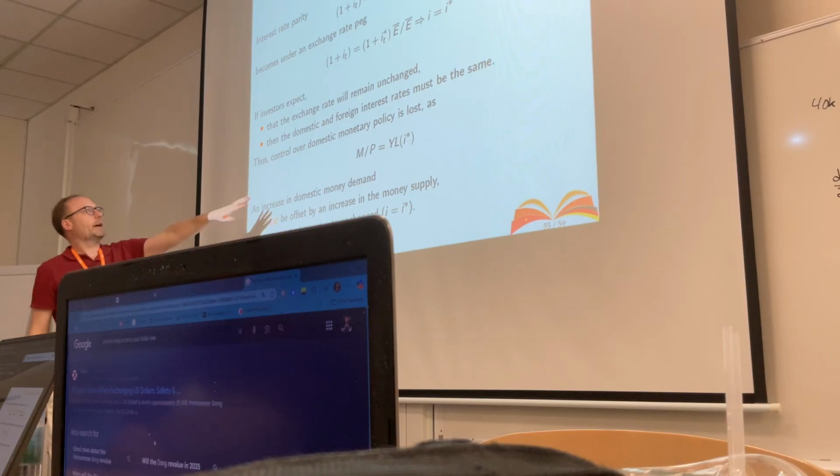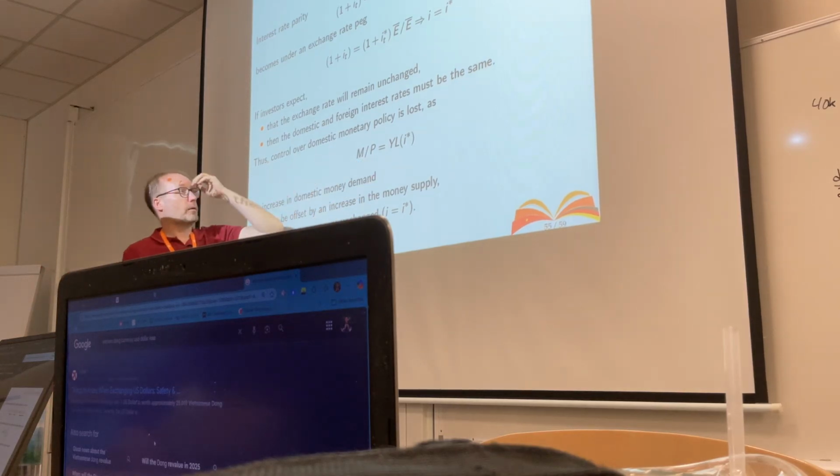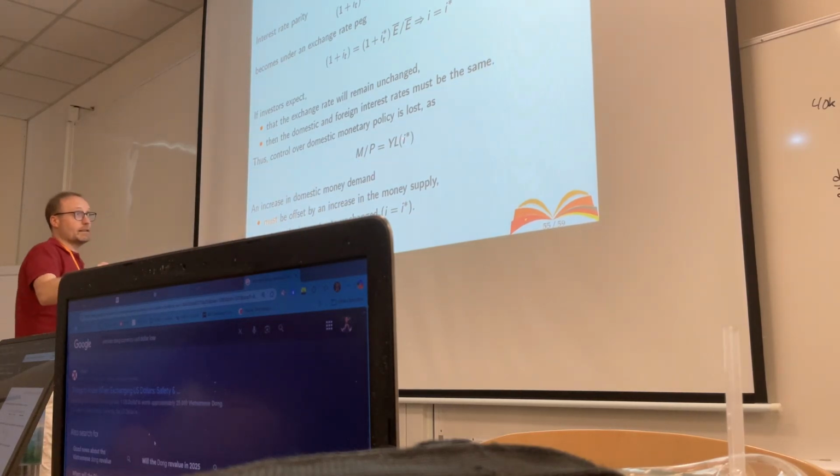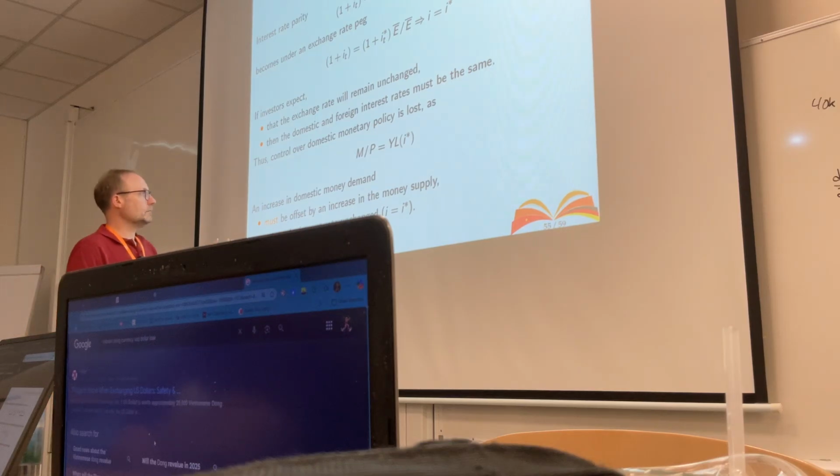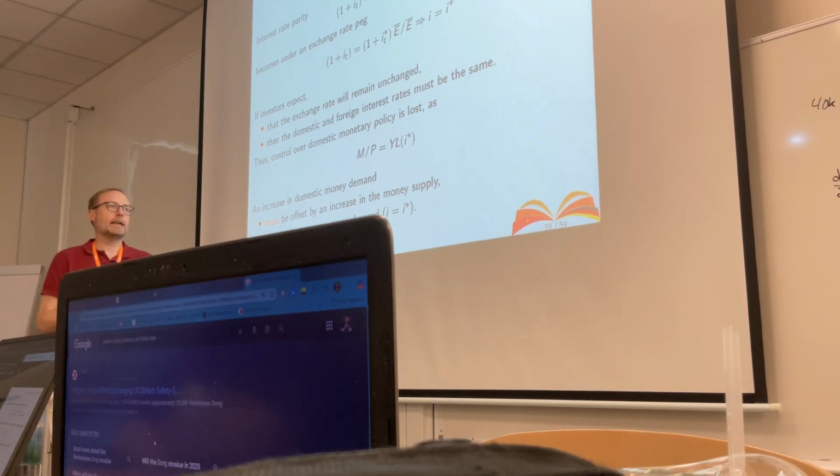Right, so if we look here at the money market equation, in order to maintain this i star, if i star goes up, which would cause an increase in money demand, we have to increase the money supply to achieve i equal to i star.